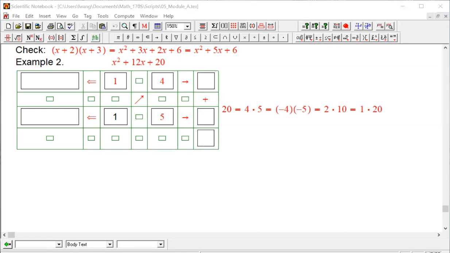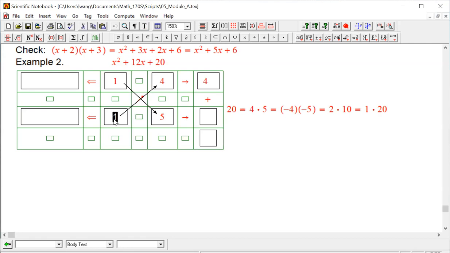Okay, and then we're going to do the cross multiplication. 1 times 4, we get 4. We get a 4 here. We can change this color to be consistent. 1 times 5, we have a 5. 4 plus 5 is 9.